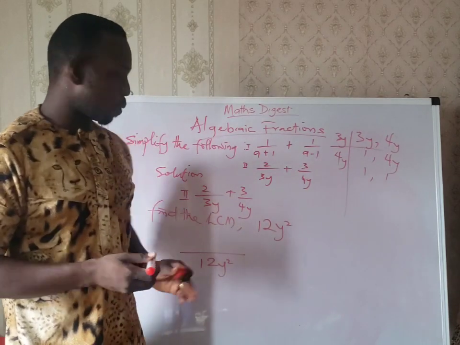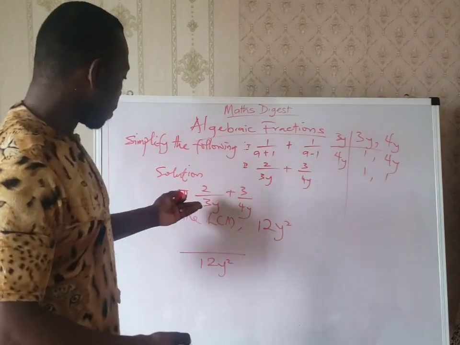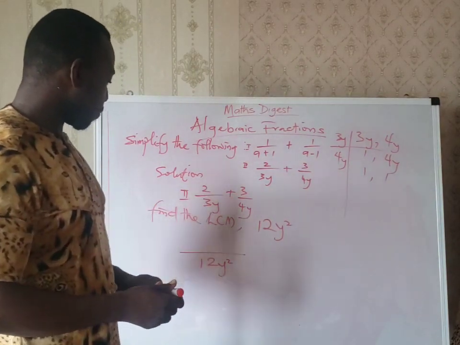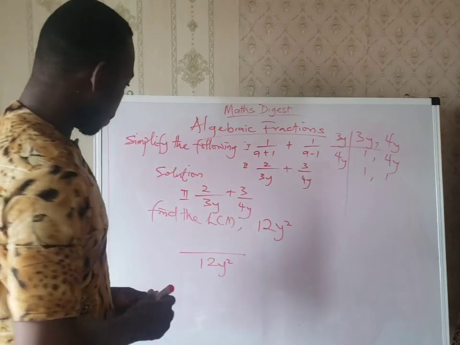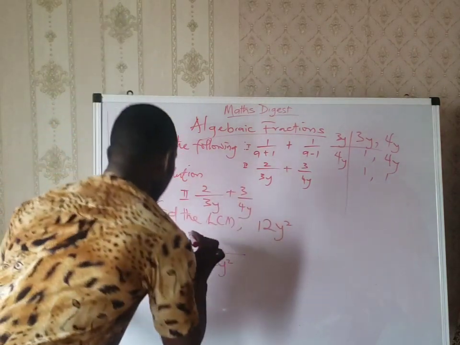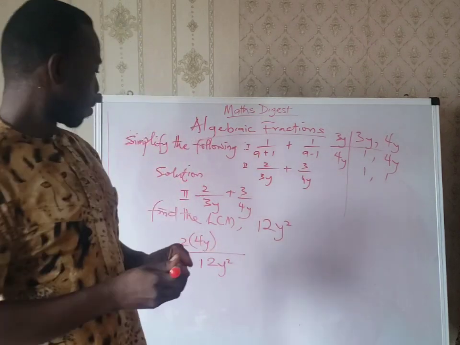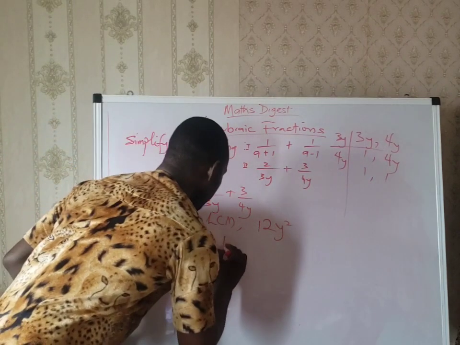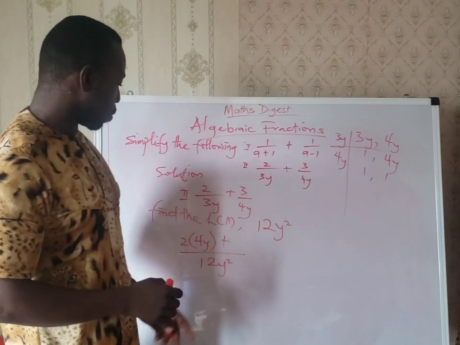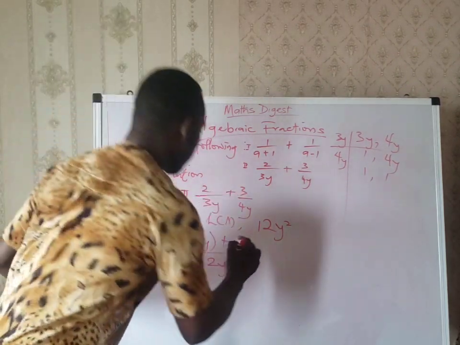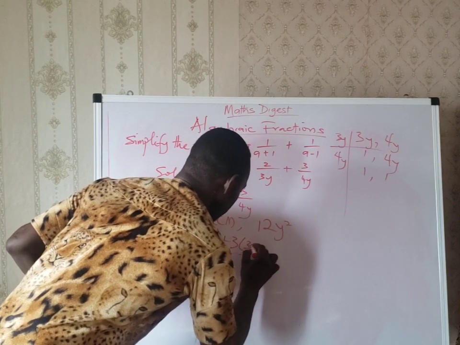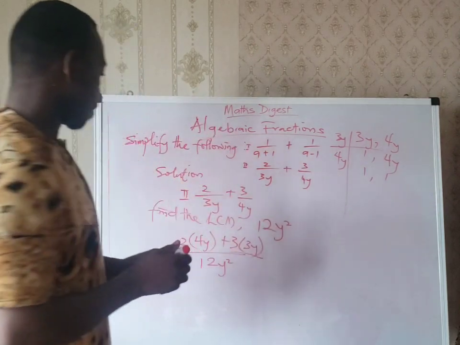So 12y squared already we have there. Now coming to this, 3y into this, we have 4y. Okay, so 4y, then plus 4y into this, we have 3 times 3y. Okay.